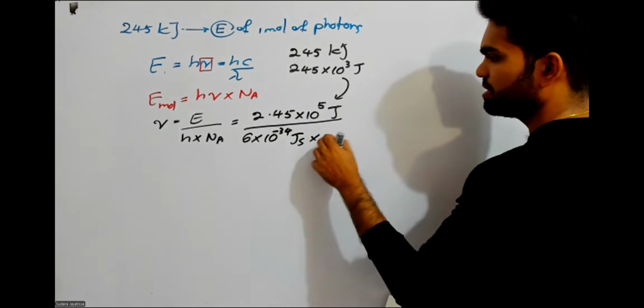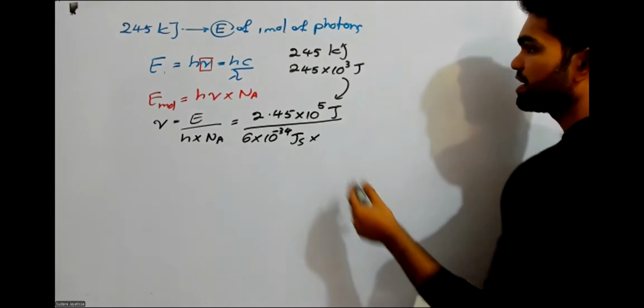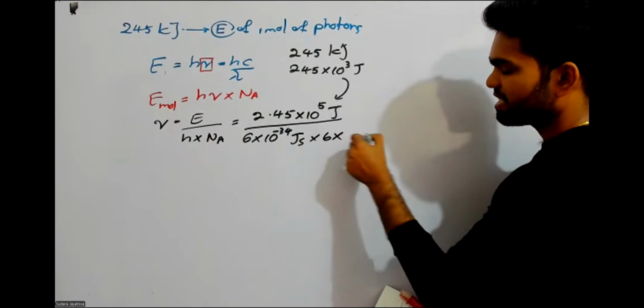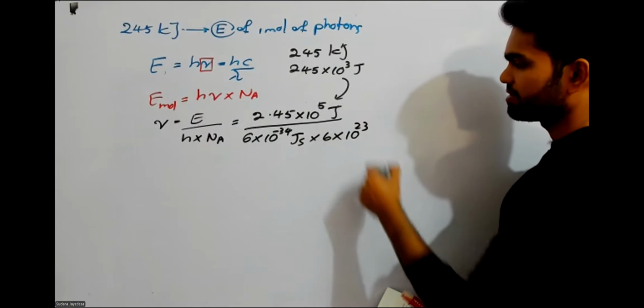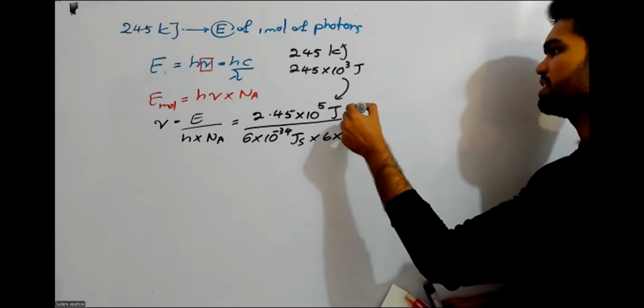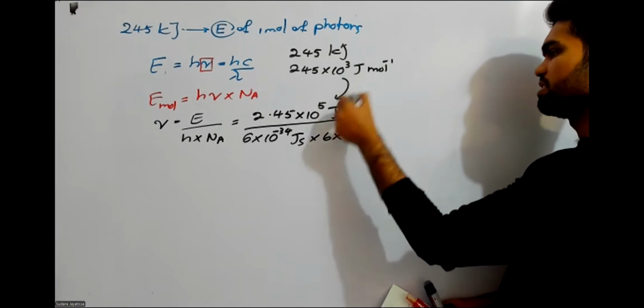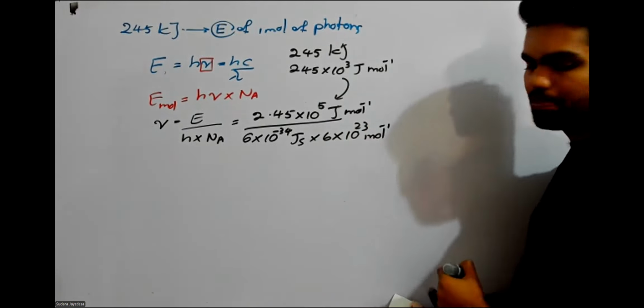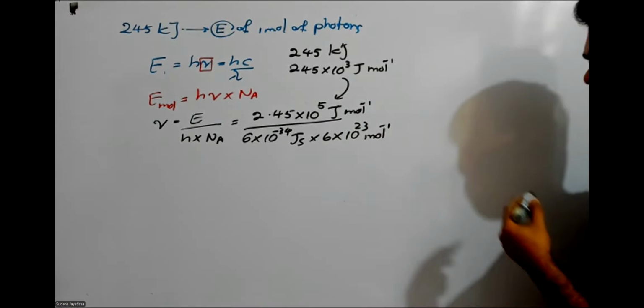Avogadro number is 6.022 into 10 to the power 23, but let's take it as 6 into 10 to the power 23. If you want, write per mole here, then Avogadro number is also per mole. Then it's perfect.